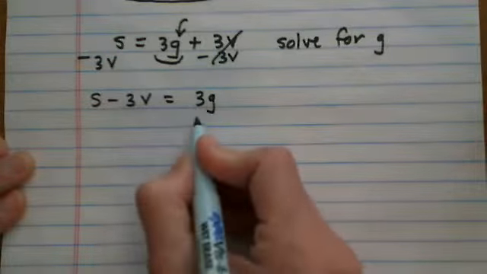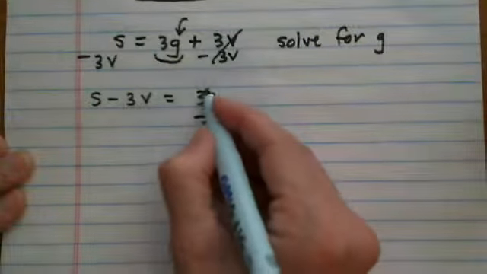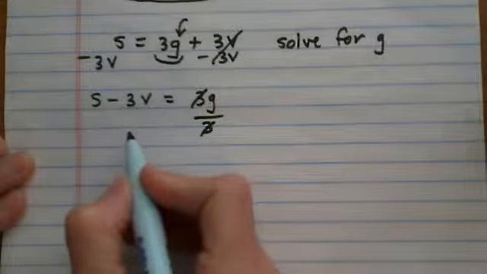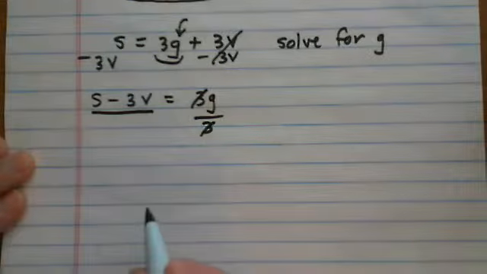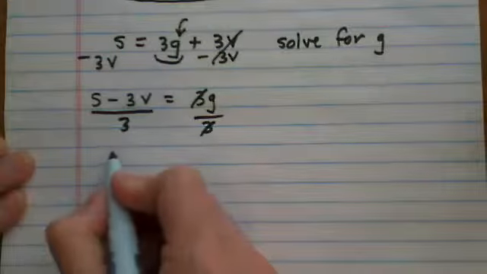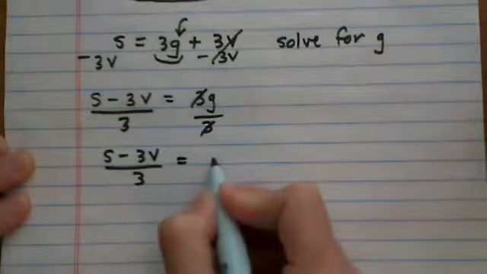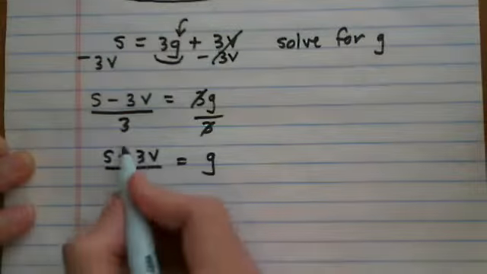I don't want the 3 to be there. I need to get rid of it, which means I'm going to divide it off, so it cancels or reduces down to 1, and I have to divide the entire left side by 3 also, and that gives me my final answer. S minus 3v over 3 is equal to g.